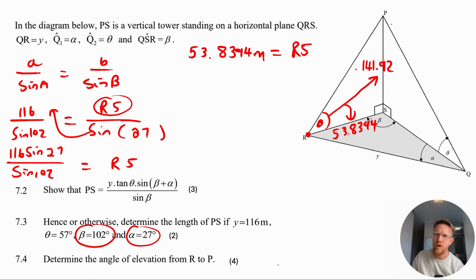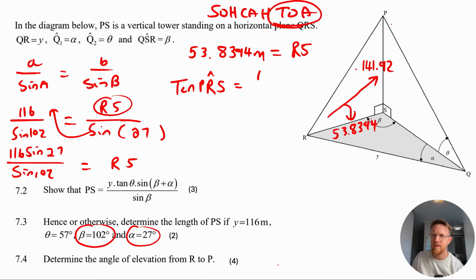Okay, now if we're looking for this angle here, then we already have the opposite and we have its adjacent. So if we go back to SOHCAHTOA, which one uses opposite and adjacent? Tan. So we will say the tan of the angle that we're looking for, let's call that PRS, is going to be opposite over the adjacent. And then to get the angle alone, you're going to do the whole shift tan thing on your calculator.